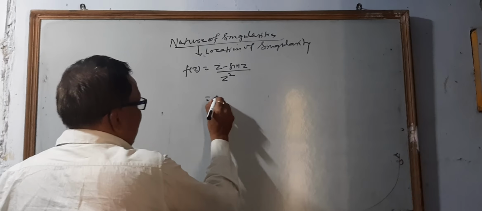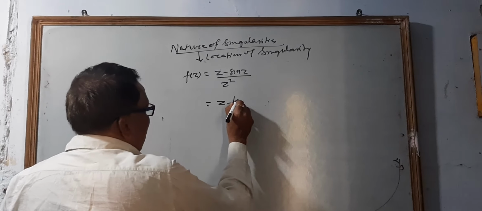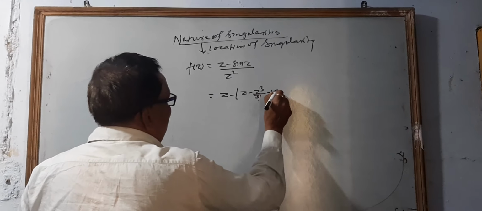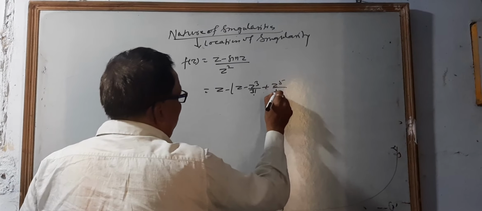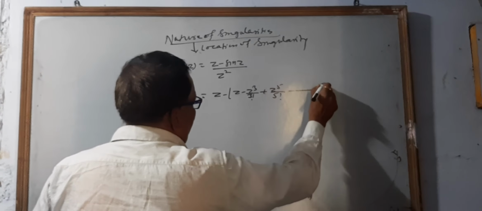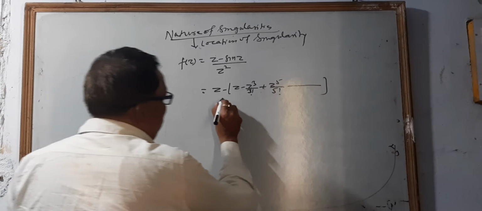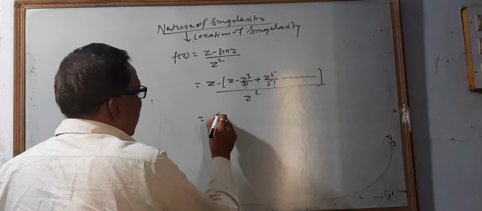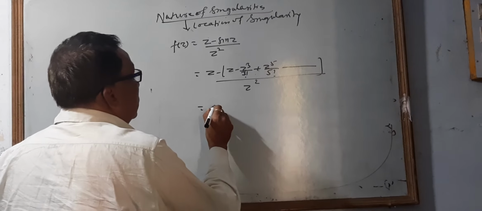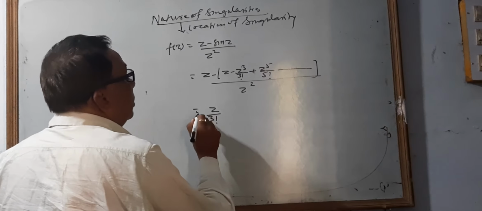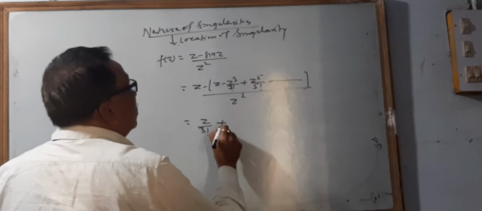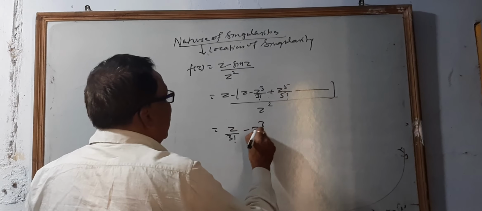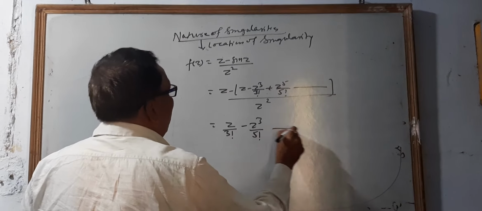You may write (z minus z cube upon factorial 3 plus z5 upon factorial 5, etc.) upon z square. We will get z upon factorial 3 minus z cube upon factorial 5, etc.